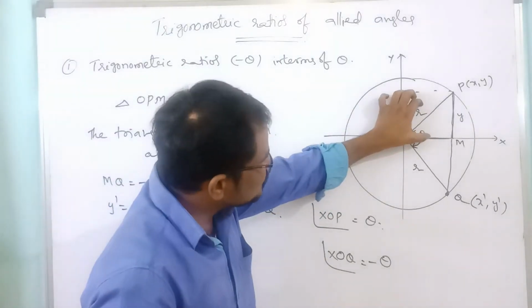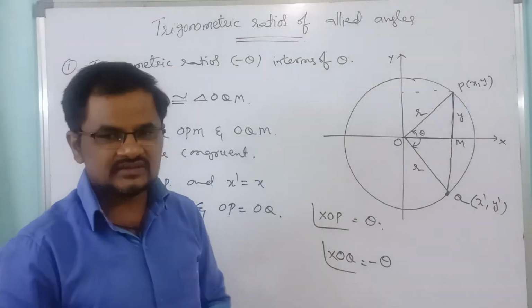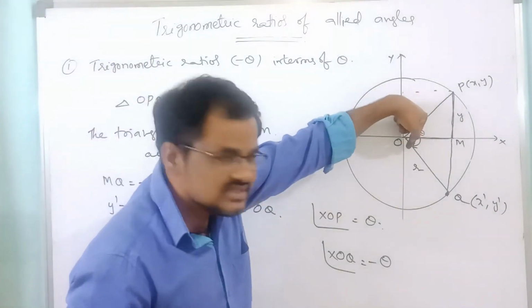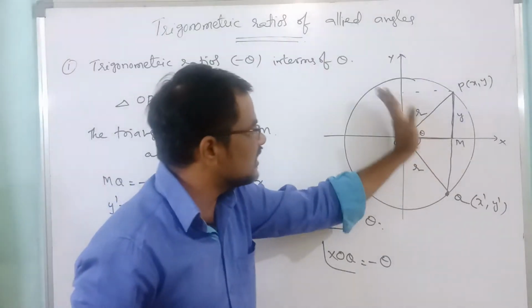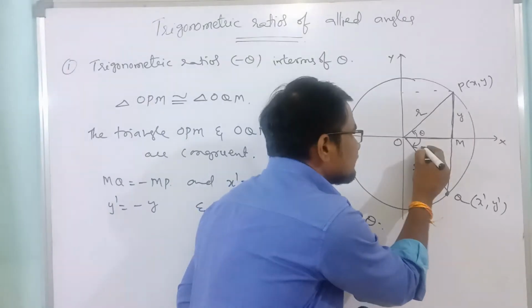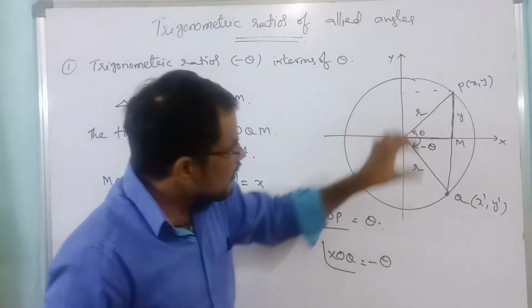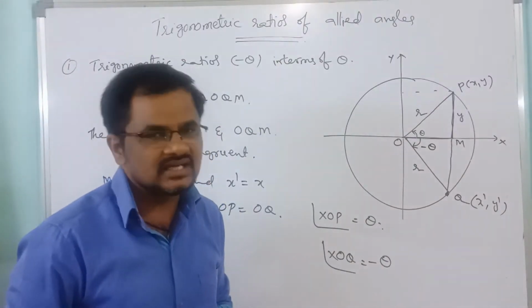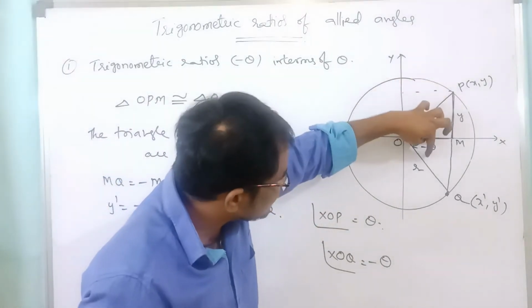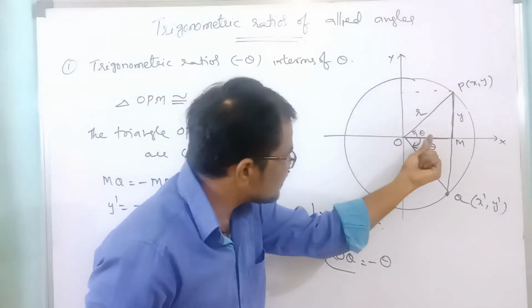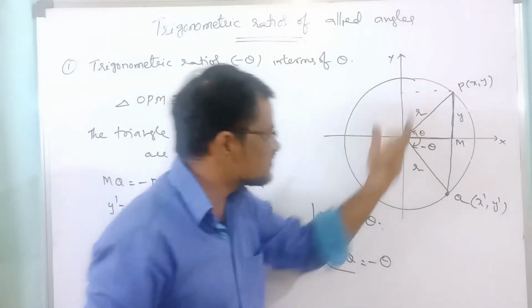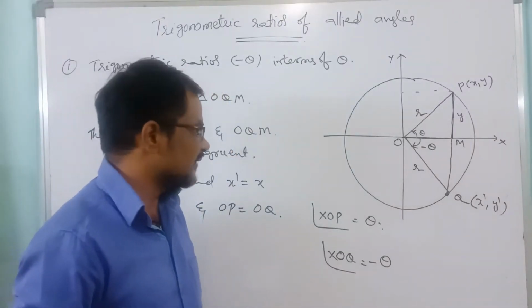Positive direction means anti-clockwise direction, negative direction means clockwise direction. Negative angle is clockwise direction, positive angle is anti-clockwise direction. So this one and this one are the same, but this is the negative direction, that's why it is minus theta.